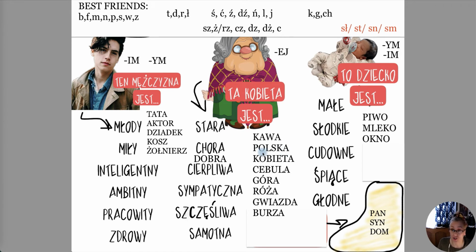Let's look, as we are in the feminine noun group, at the word Polska. Polska, which is Poland. This consonant k is in a group of k, g, h, which alternates to c. So when you think about Poland, you would say myślę o Polsce.